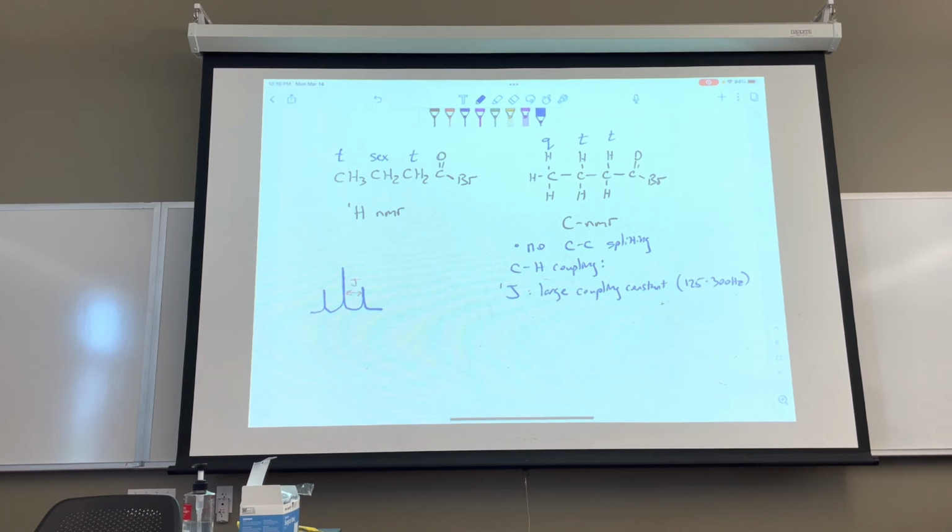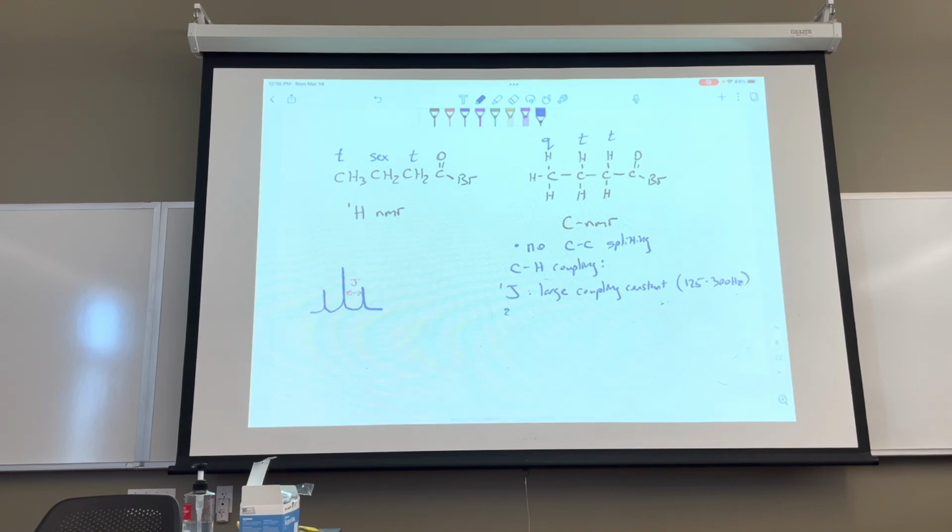So a potentially complicating feature here is that you don't just get coupling from the protons directly attached. That is certainly the largest coupling constants. But you do also get coupling of the carbon from neighboring protons as well, what we call 2J coupling.